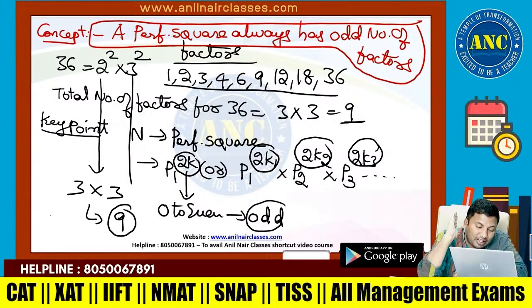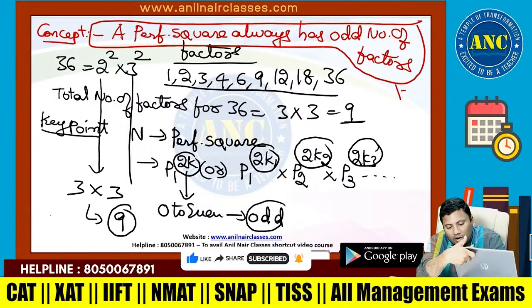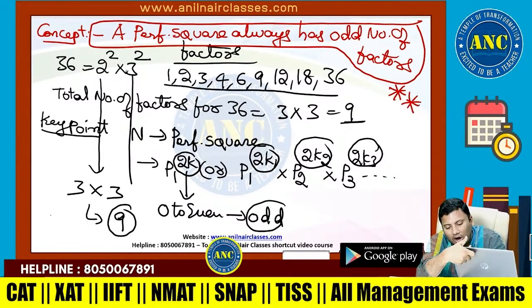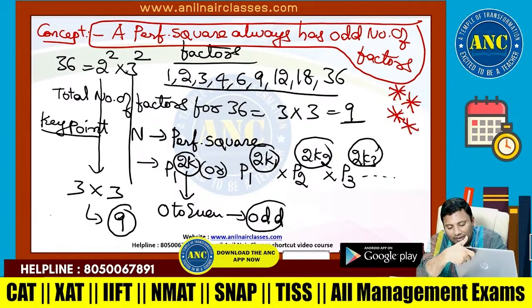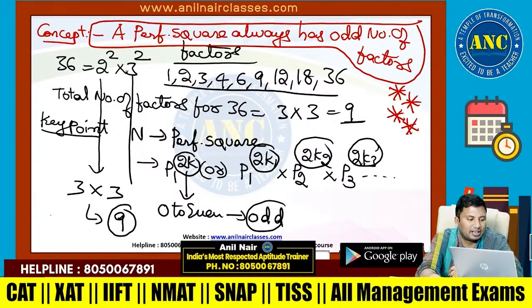So the number of factors for a perfect square is 0 to even, which is odd. A perfect square always has odd number of factors.